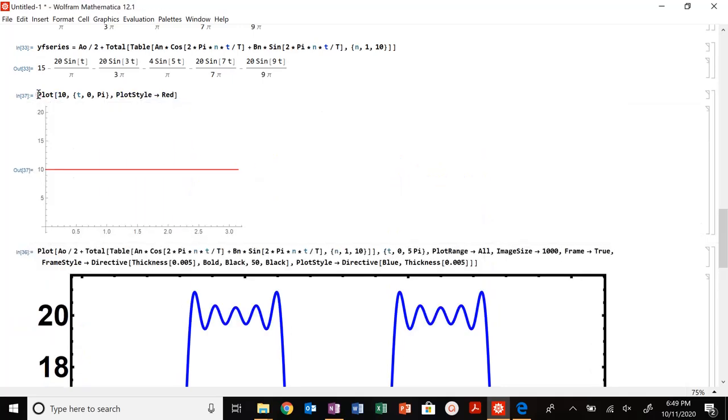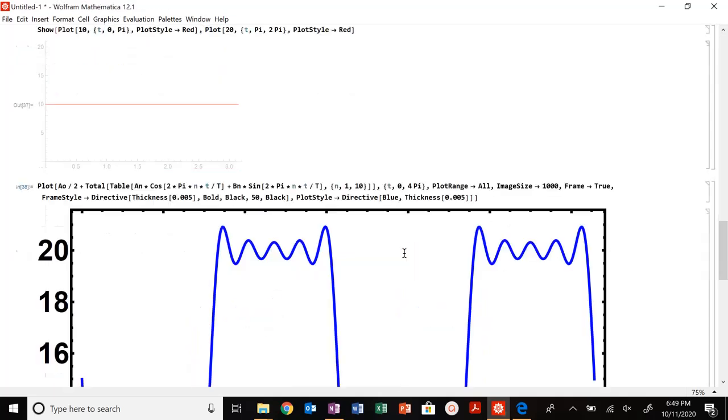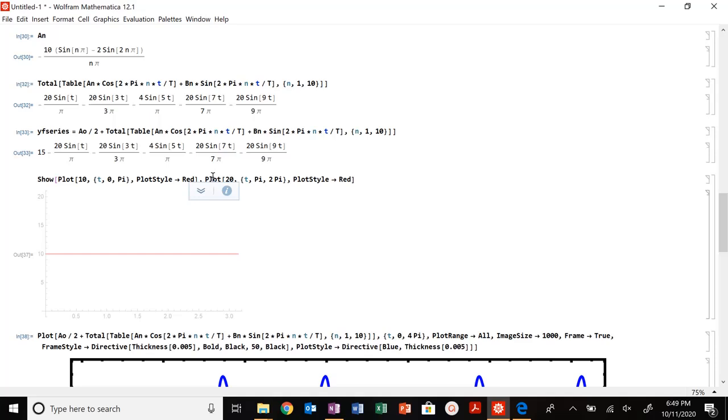So I want to repeat this: it goes from 20 from pi to 2 pi. And I'm going to go to just 4 pi. So from 0 to 2 pi, and then it repeats from here. It goes back to 10 from 2 pi to 3 pi, and then from 3 pi to 4 pi, you guessed it, 20.